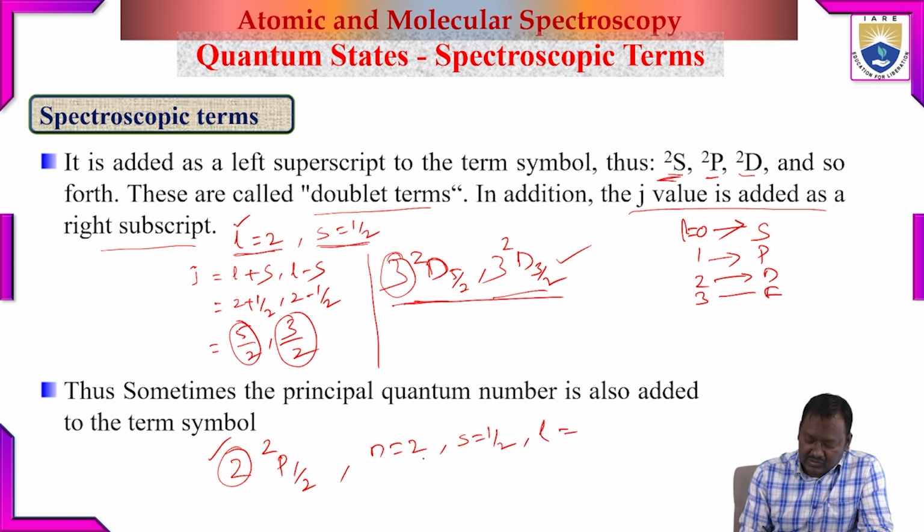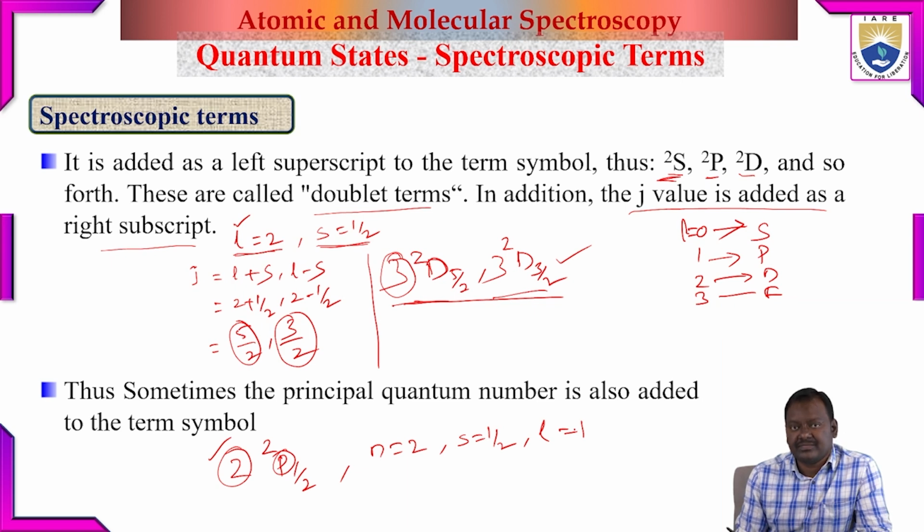As there is a P as the term, the l value is equal to 1. These are the observations we should make by looking at the spectroscopic term.